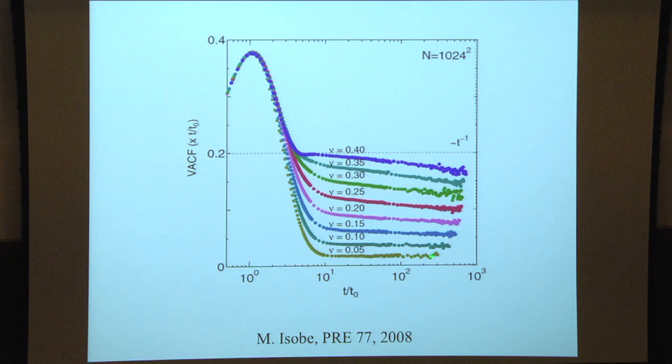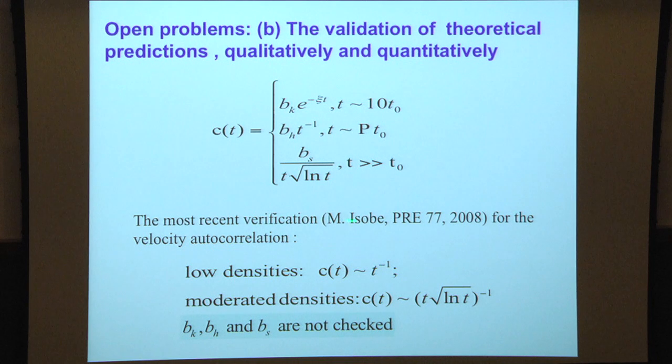In low density, it looks very much like t^(-1), but at moderate density divergence occurs, and you can find almost the decay law of this power form.